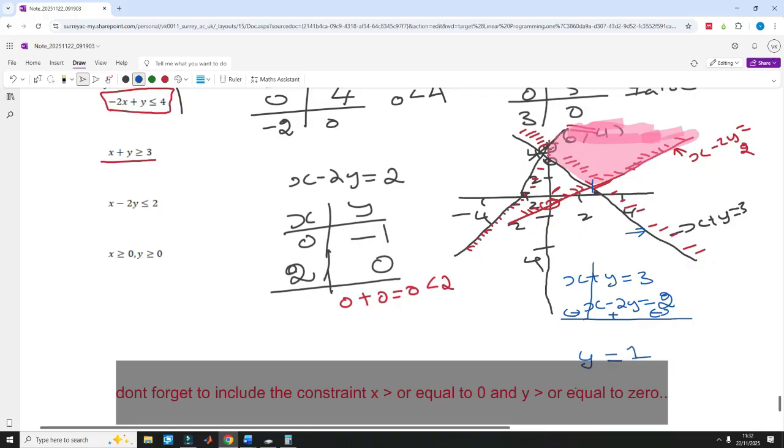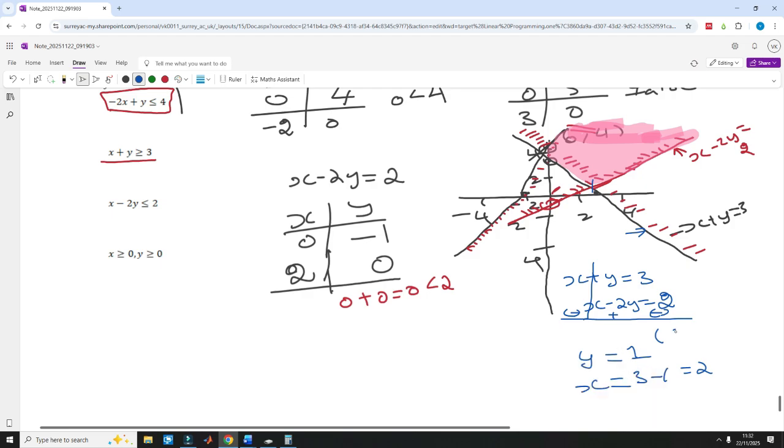1 and x will be equal to, you can substitute in one of these equations, so x will be equal to 3 minus 1, which will be equal to 2. So these two lines should intersect at the point 2 comma 1.